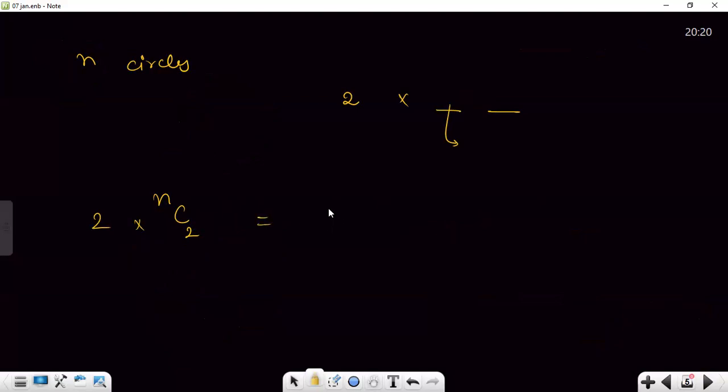So this comes out as the formula for the number of intersecting points among n circles.